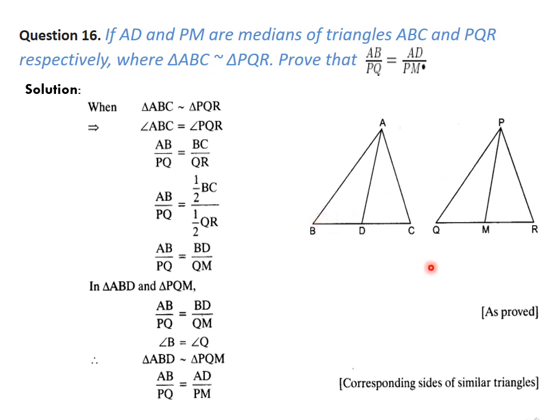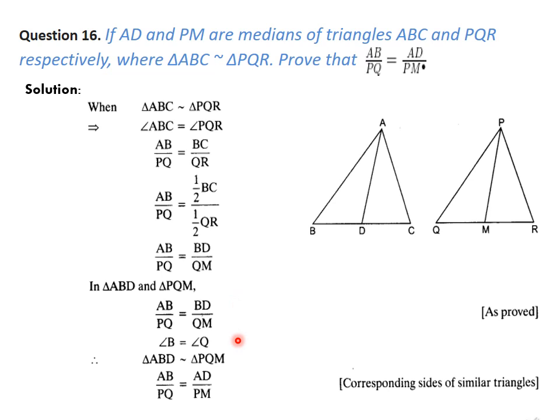Now we already know angle B is equal to angle Q because it is given that triangle ABC is similar to PQR. So angle B is equal to angle Q and AB by PQ is equal to BD by QM.